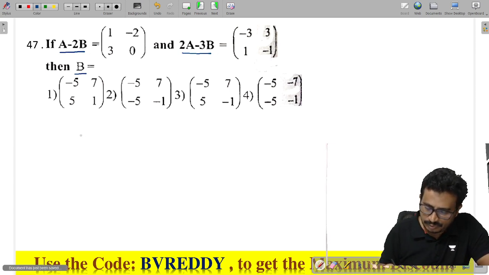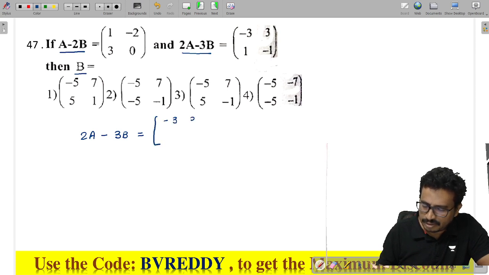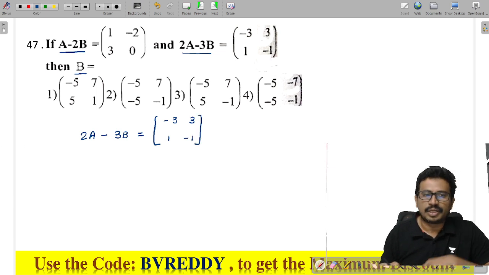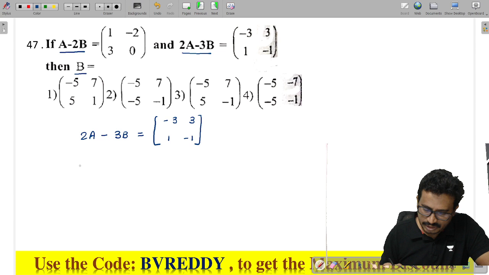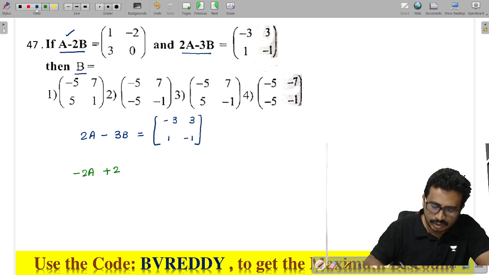Here we have 2a minus 3b, and this matrix is given, minus 3, plus 3, 1, minus 1. Now if I multiply the first one with minus 2, see what happened.